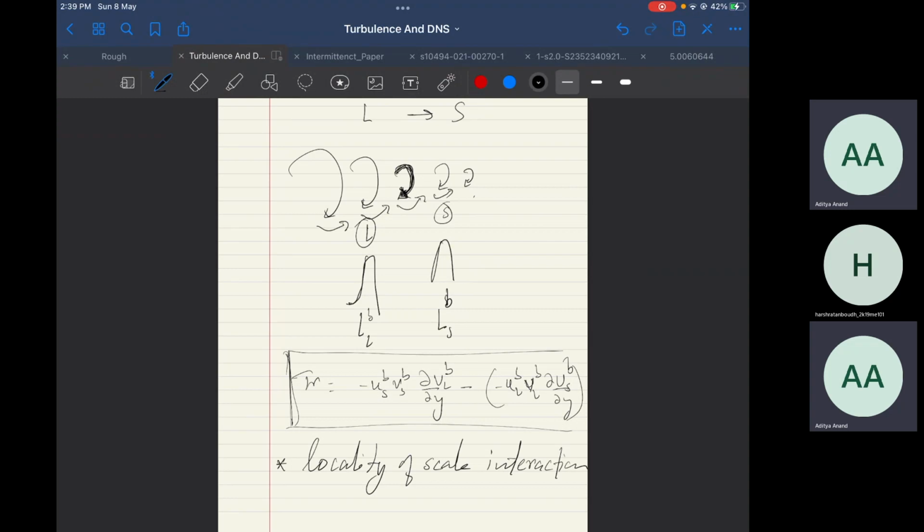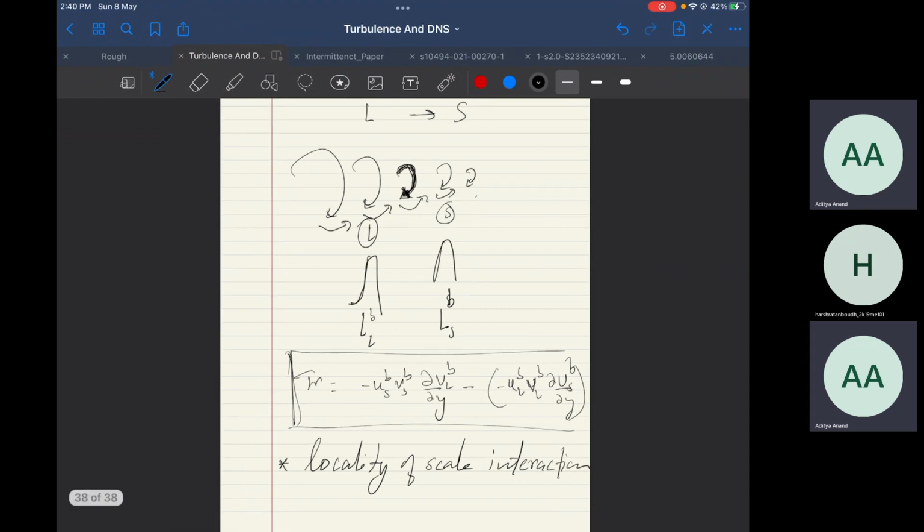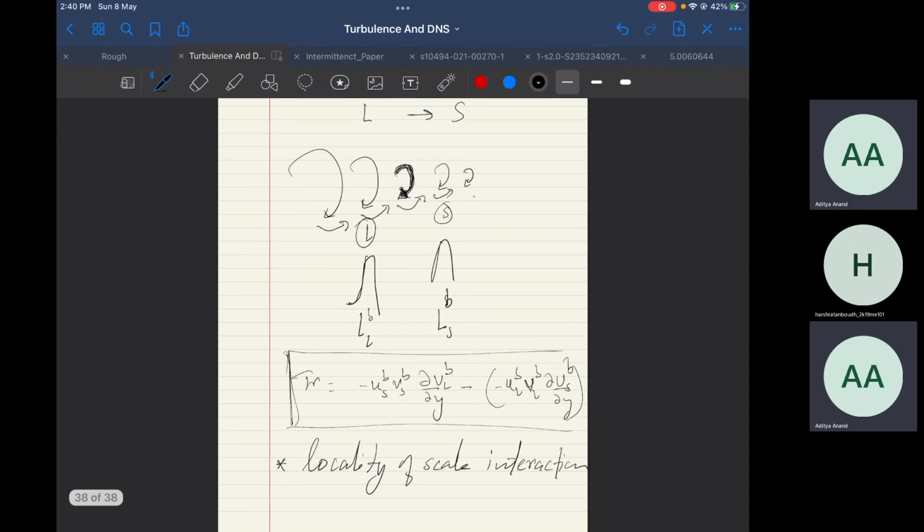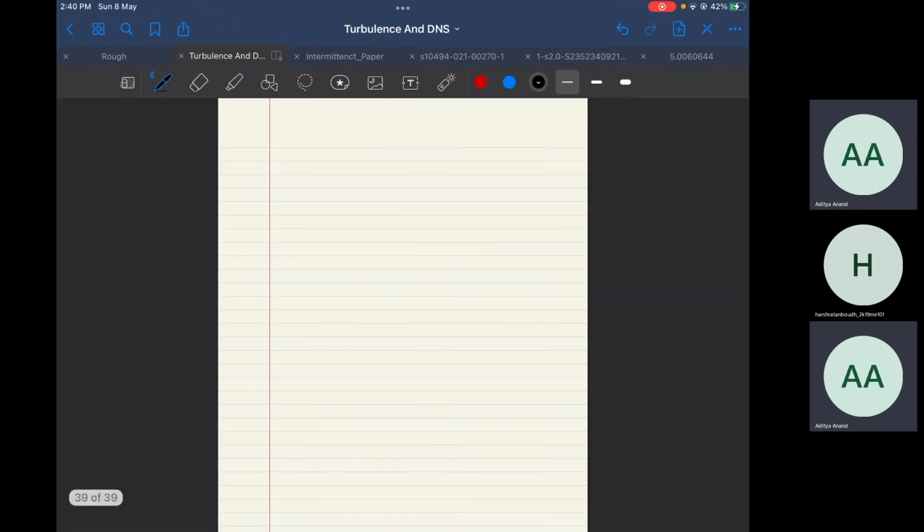That is, it cannot interact with very large or very small scales directly. It has to interact through the neighboring scales. So that is the assumption of locality of scale interaction. As a consequence of this assumption, there is essentially a disconnect between the largest and the smallest scales. If you remember Kolmogorov's assumptions, it said that the small scale statistics are isotropic.